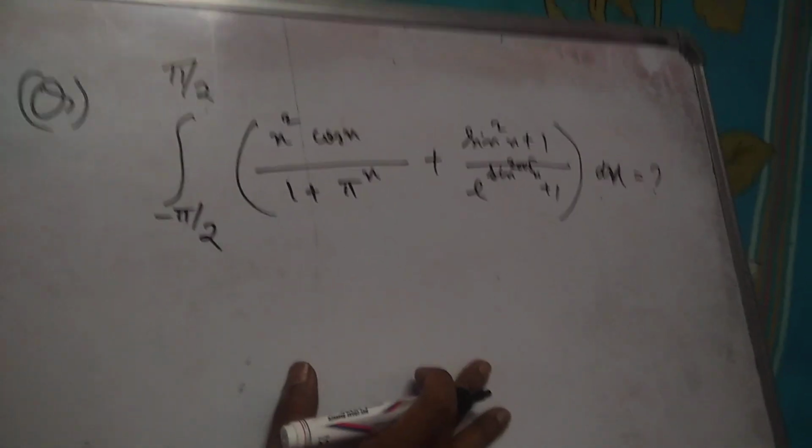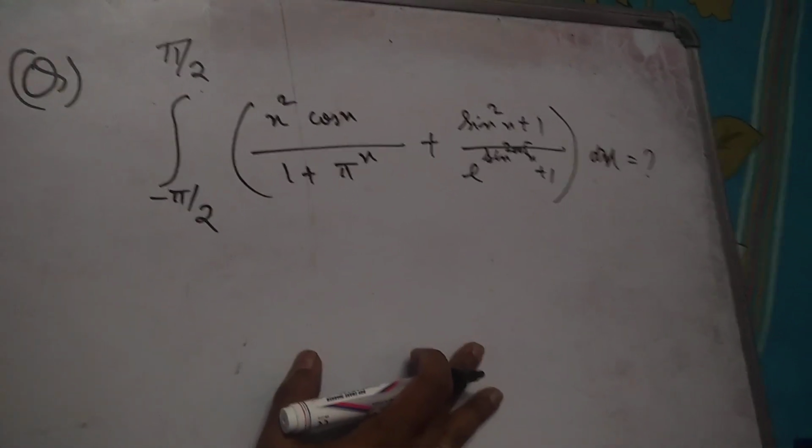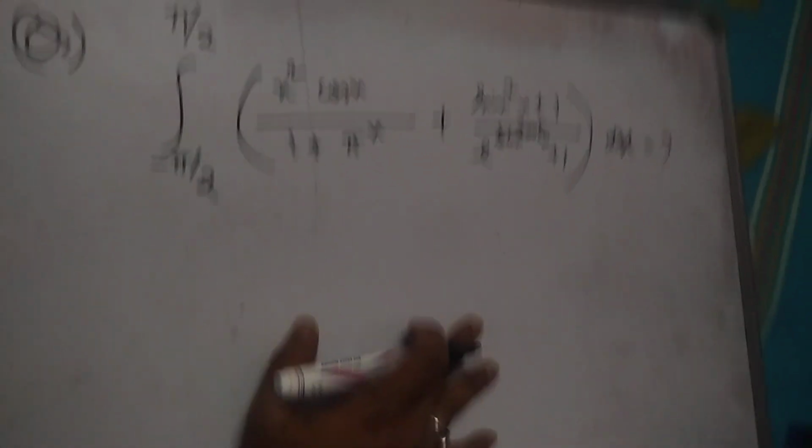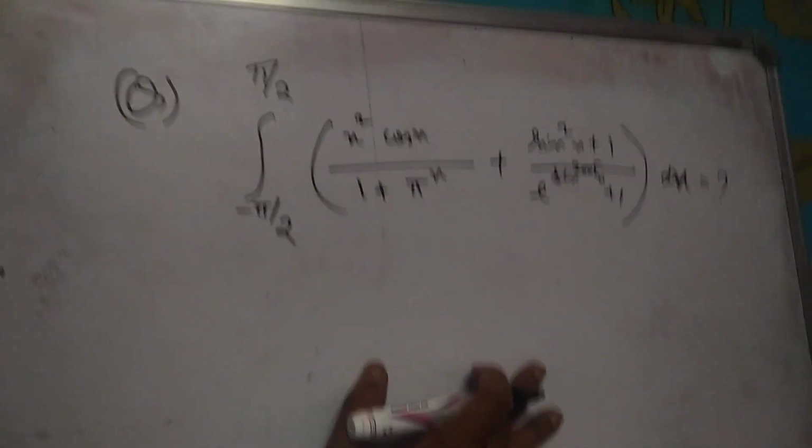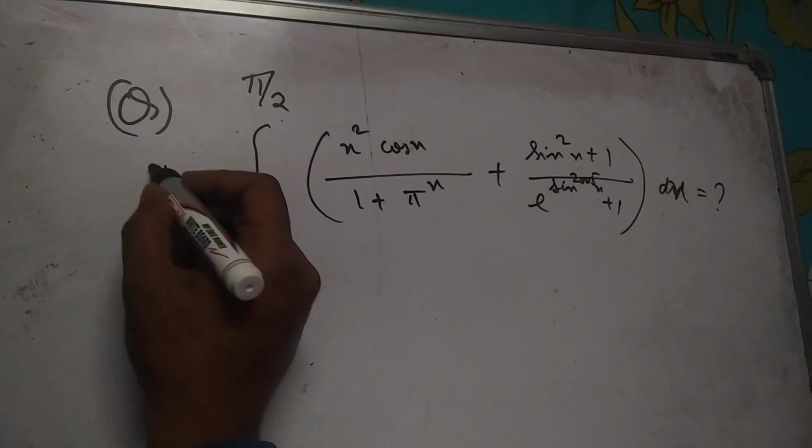So what we'll do is, let's see if the function inside is even or odd, right? Or you can directly apply the King's rule.